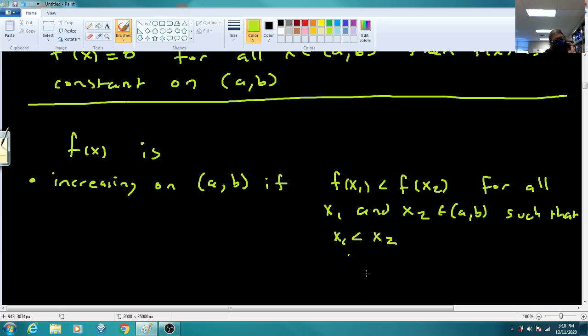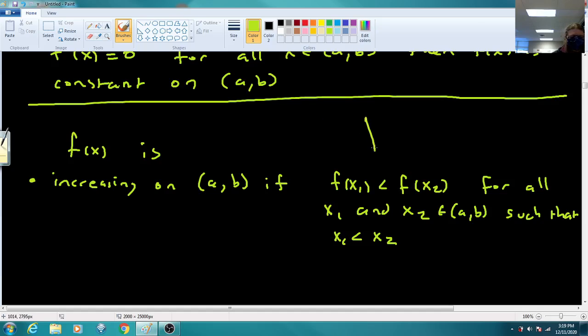So basically, for all points in the region a to b, if all your points x1, which are to the left of x2, always have a smaller y value than the right-hand point, then the function is increasing.